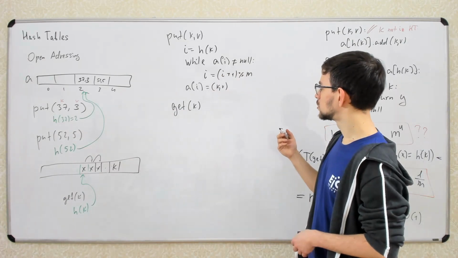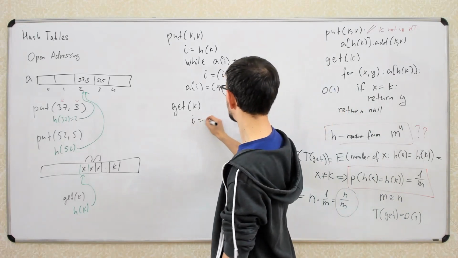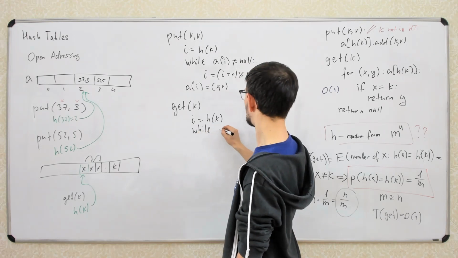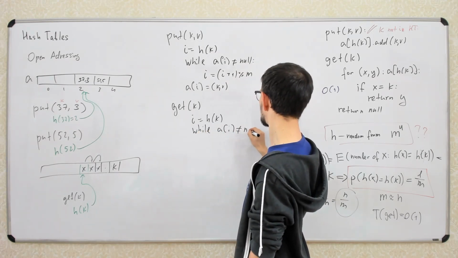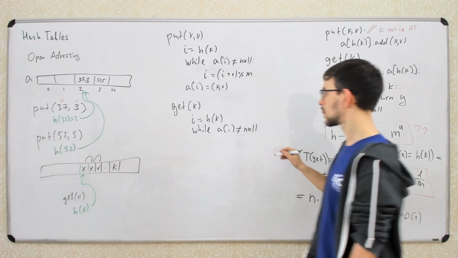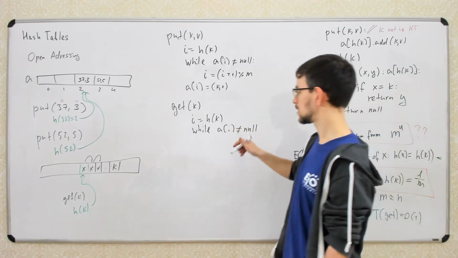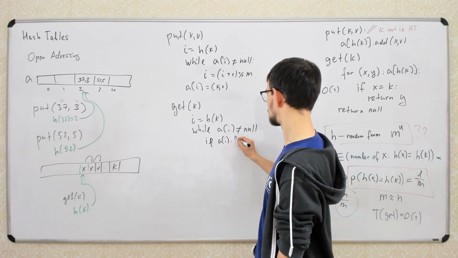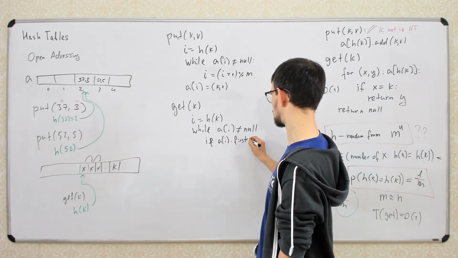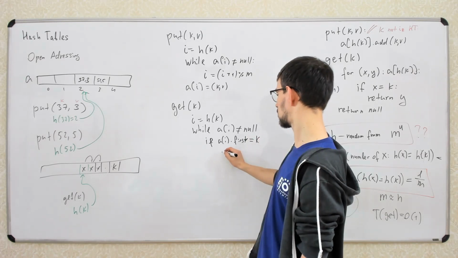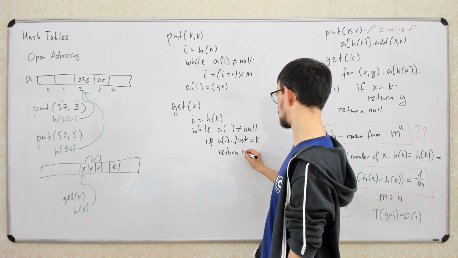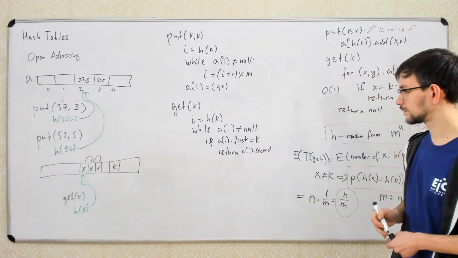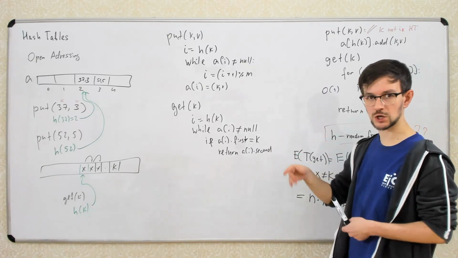Cool. So let's implement something like that. We calculate the hash function, and then again, while it's not null, we look in this cell i, see if first is equal to k, then we will return it, so it means we found the pair which has key k.